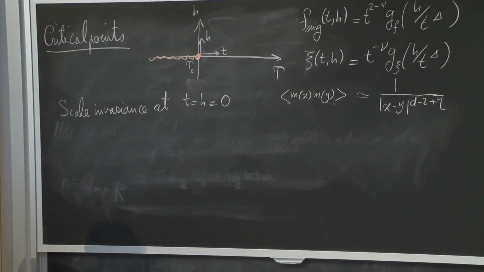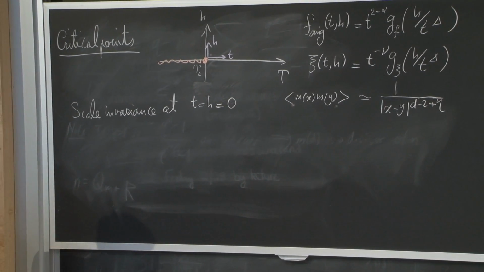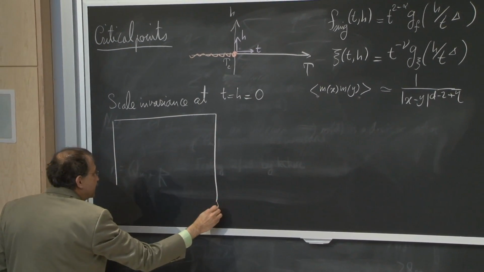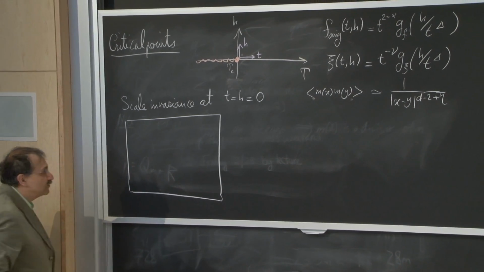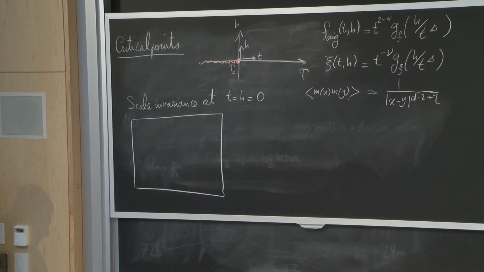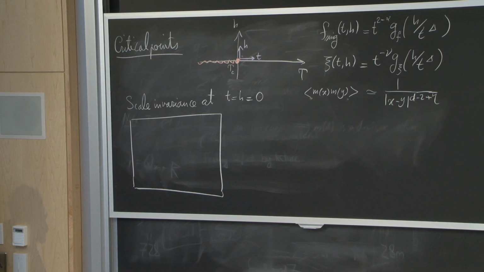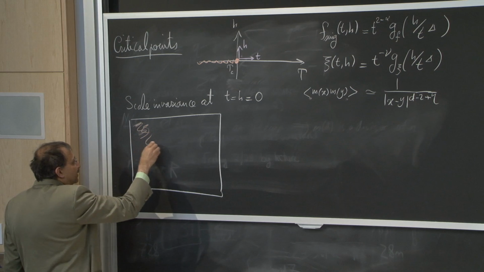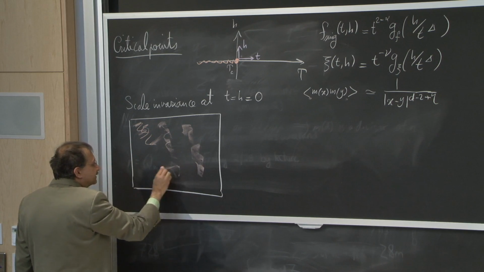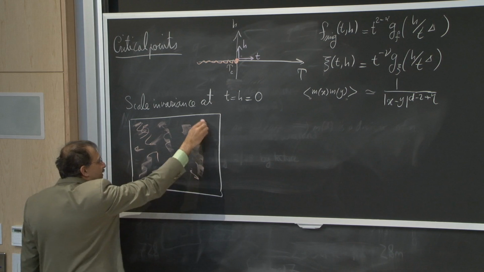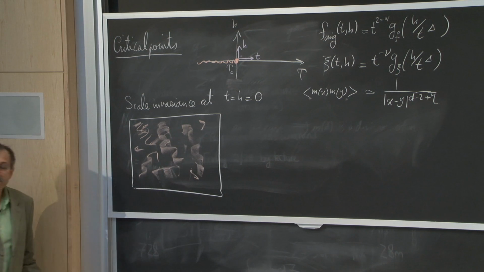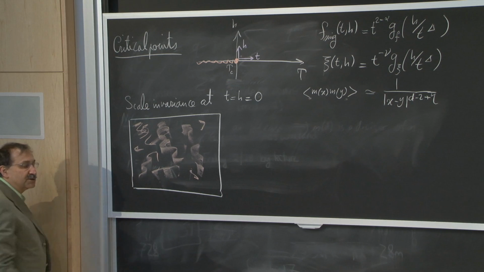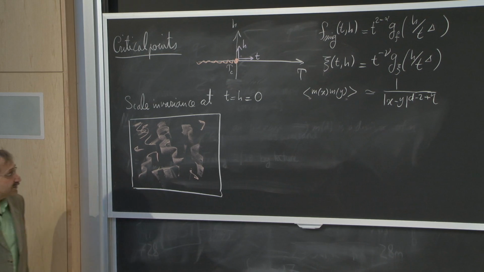So what we have in our system is that if we have, let's say, a box which could be containing our liquid gas system at its critical point, or maybe a magnet at its critical point, I will have a statistical field, this m of x, and it will fluctuate across the system. So maybe this would be a picture of the density fluctuation.